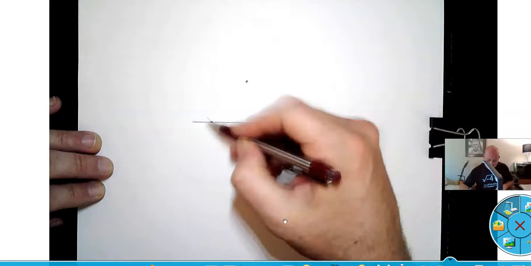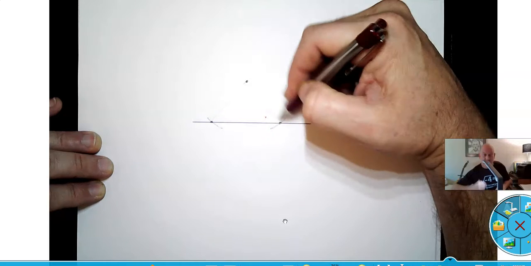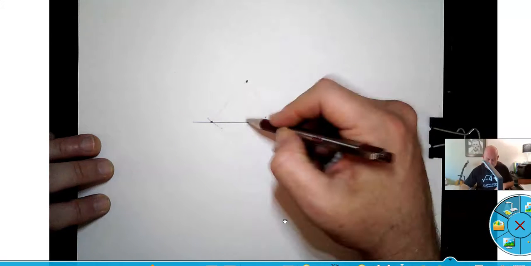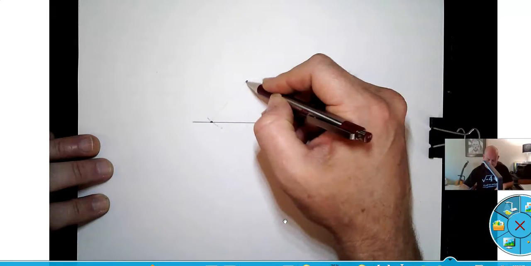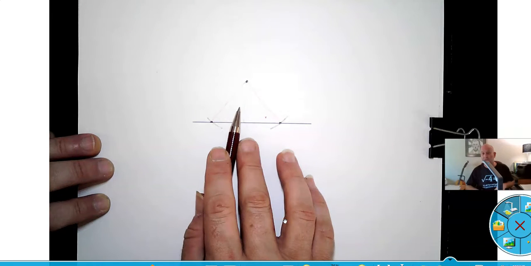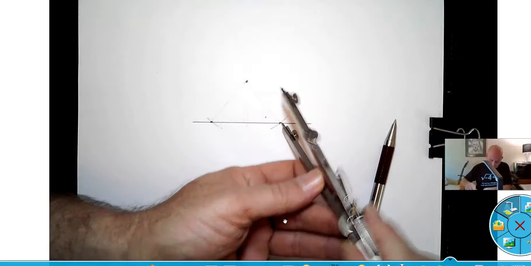If I bisect this segment, since this distance is the same as this distance, right? Those two distances are the same. If I bisect this, it's going to go straight up here because what I've done is I have an isosceles triangle here, is what I just forced to happen. So all I need to do now is bisect what I have. So let's go back the other way.